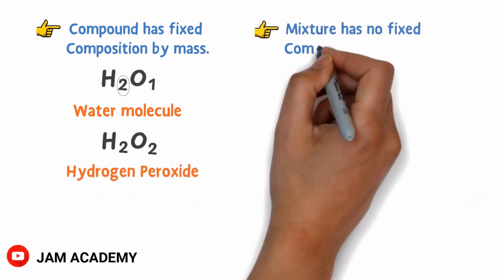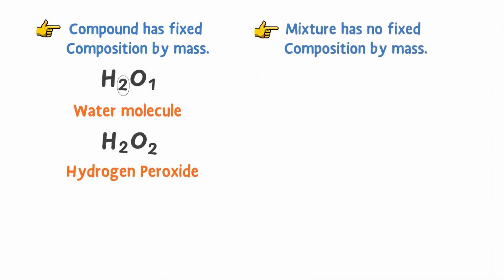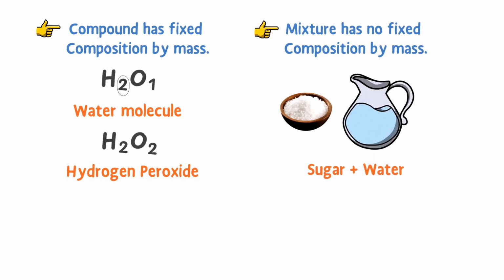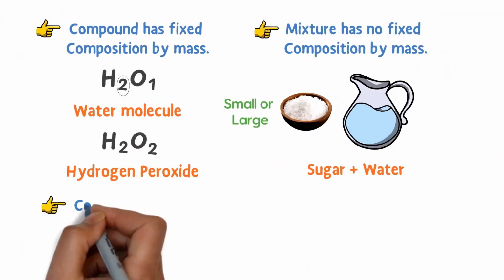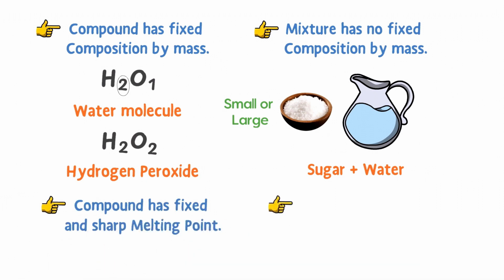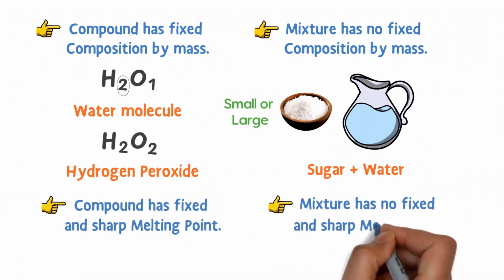But for the case of a mixture, it has no fixed composition by mass. For example, sugar and water. You can add a large or small amount of sugar. Another difference is that the compound has a fixed and sharp melting point, while the mixture has no fixed melting point.